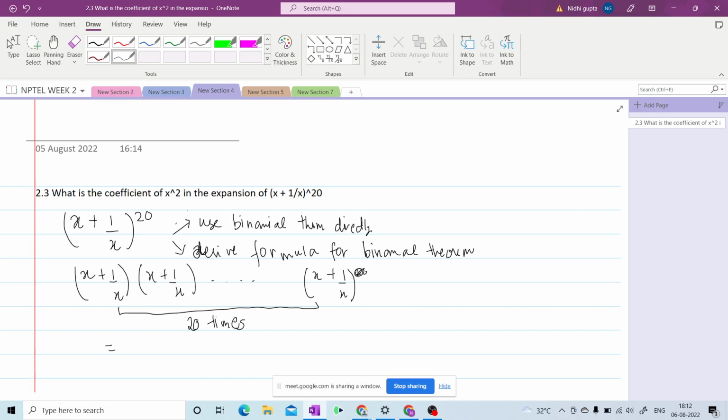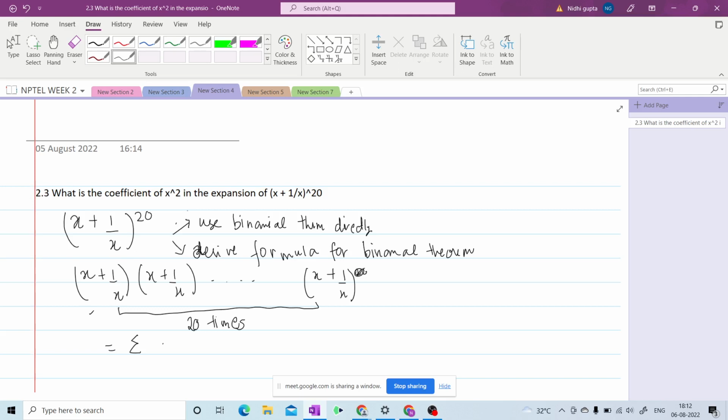And how many ways can we do it? We have to choose one term from each bracket. Since there are just two terms, x and 1 by x, if we decide which brackets we choose x from, then we will be fine.